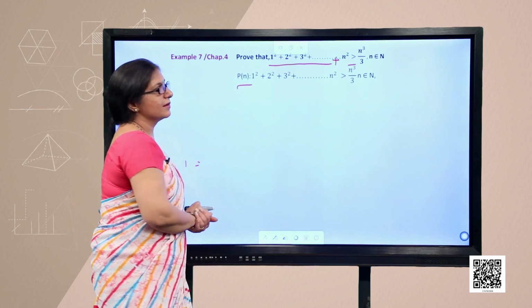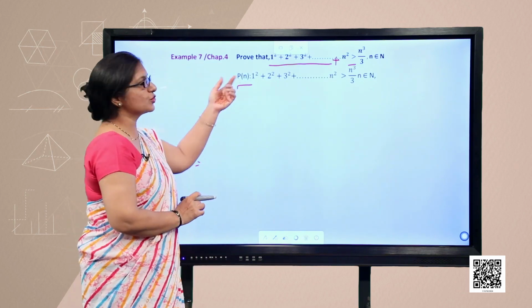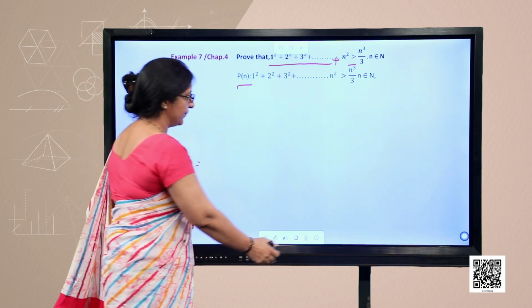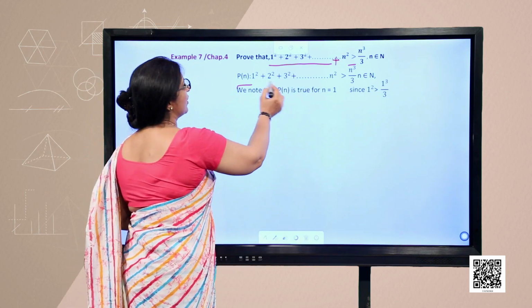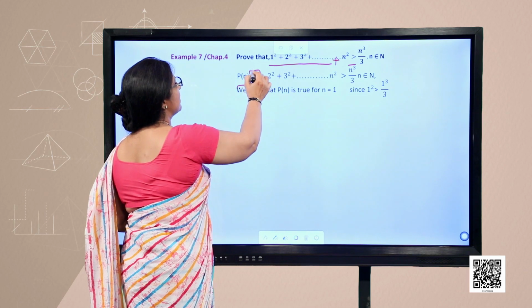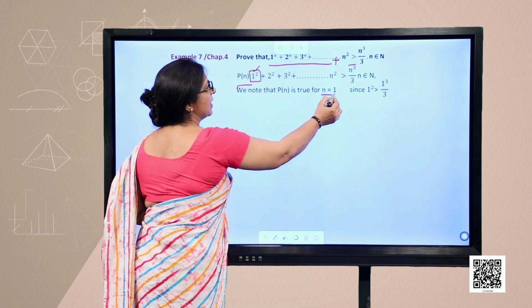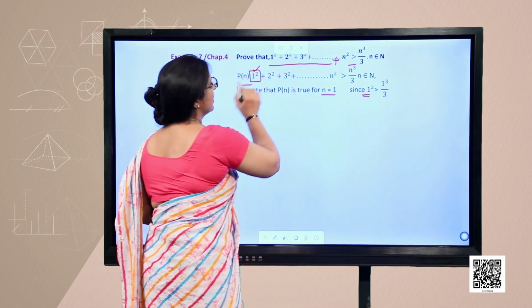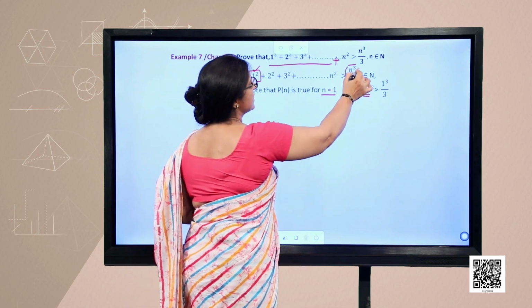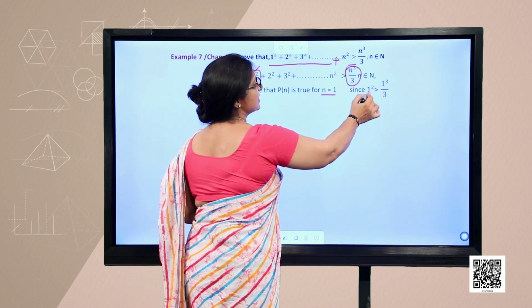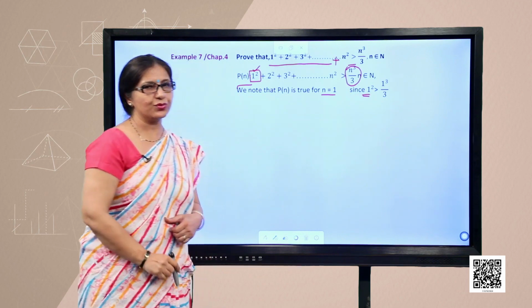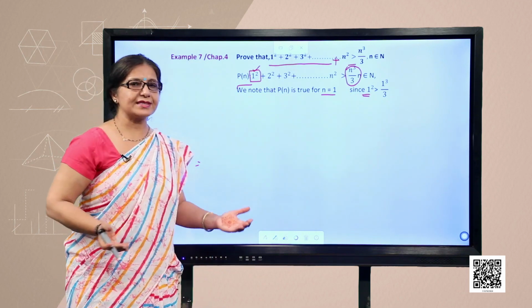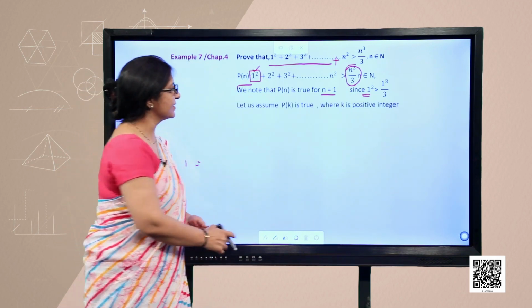This is Pn. Now we will establish its truth for n equal to 1. Putting n equal to 1 on the left side means we will be taking only the first term, and that is 1 square. On the right side we will substitute n by 1, which gives 1 is greater than 1 by 3. Therefore, we can say that P1 is true.